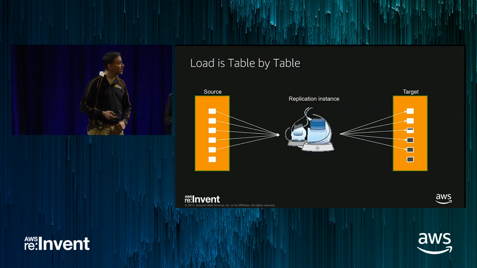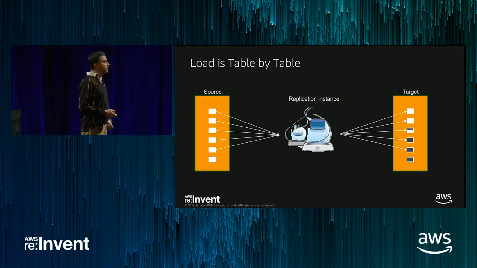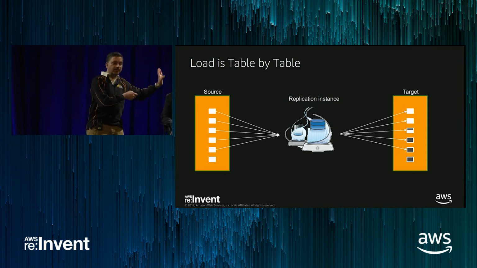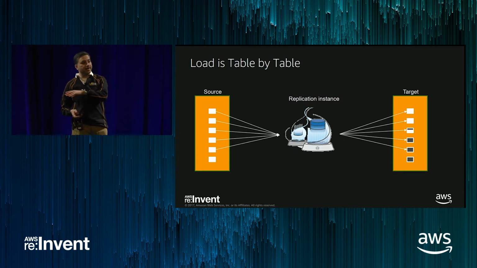Some of the capabilities around DMS: you can actually load selectively. That's another big advantage. Let's say you have a big database with years' worth of data. You don't want to migrate all the years' worth of data when you're migrating to AWS. So you can do a selective migration based on time range, based on date range.